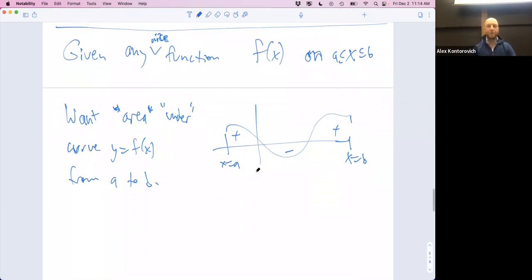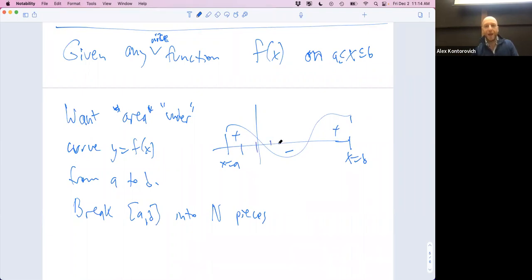And so what do we do? We're going to break up this interval a to b into capital N pieces. You don't have to break it equally. We saw when we looked at what Fermat did, that he didn't break them equally, but for all of our applications, let's just break it equally. So what's the width of each piece?